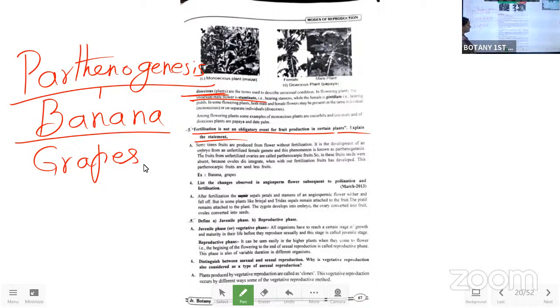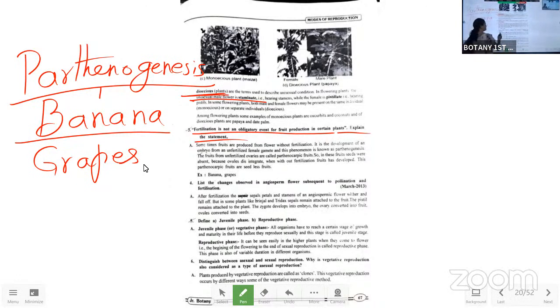And in all other plants, the fruit formation occurs by the fusion of the male and the female gametes. Then fruit and the seeds are going to be formed. That is the true fertilization and the true fruit. Okay, like this we can end this answer.